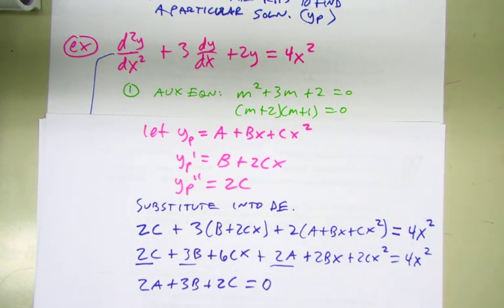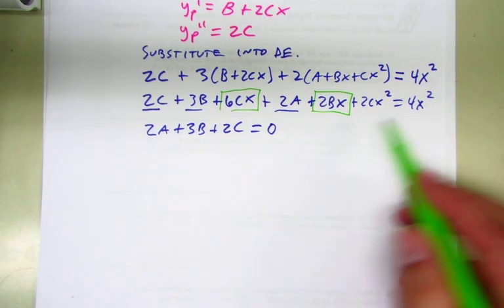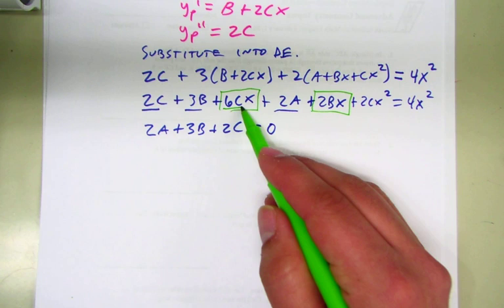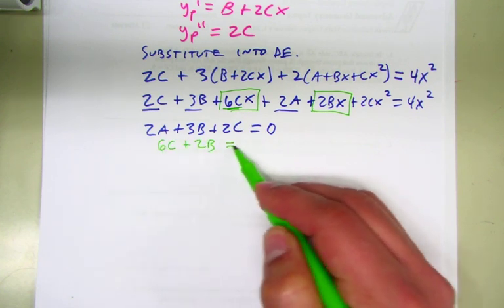Okay? And now if we look at the terms that have x, so these guys right here, there's also no x term on the right-hand side. Okay, so these coefficients here, 6c plus 2b, also have to add up to 0.